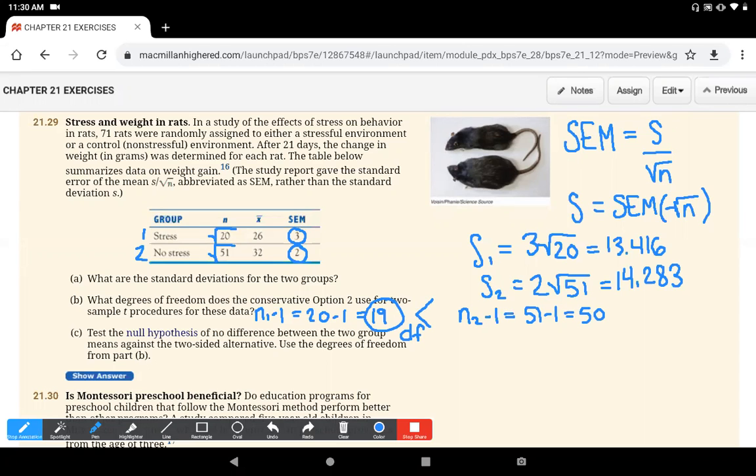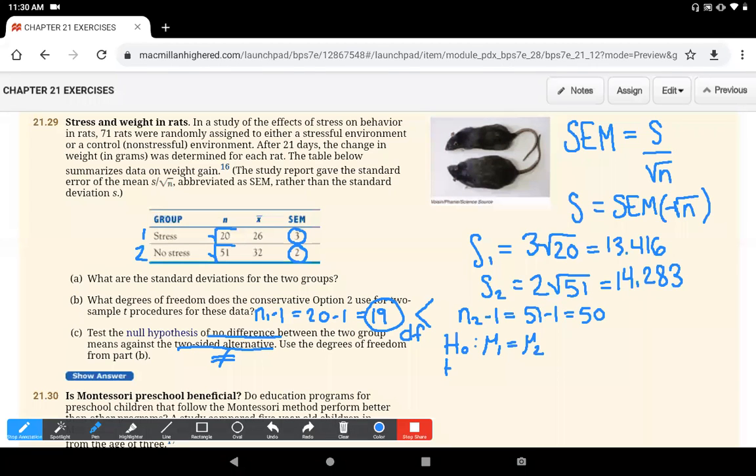Test the null hypothesis of no difference between the two group means against the two-sided alternative, so not equal to. Use the degrees of freedom from part B. Okay, so we have a null hypothesis that there's no difference between the real means of the population of stressed out rats and not stressed out rats.